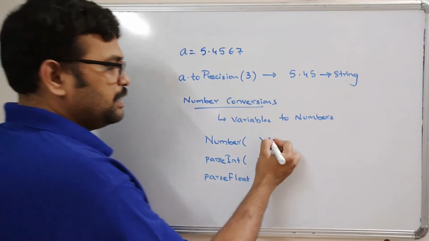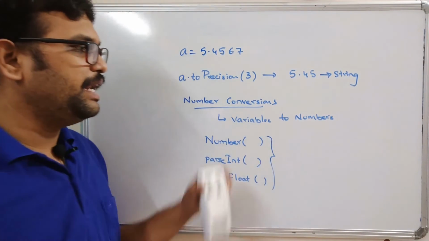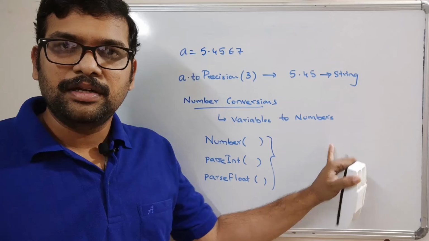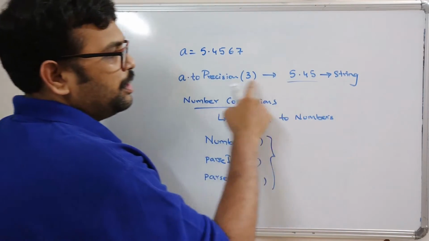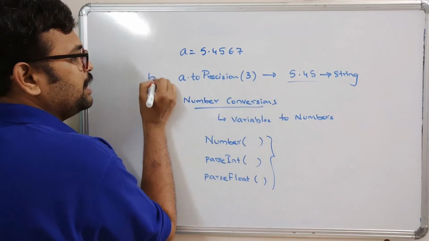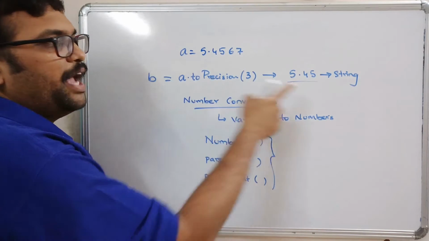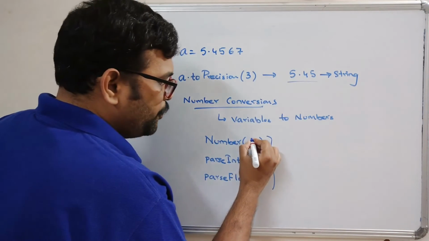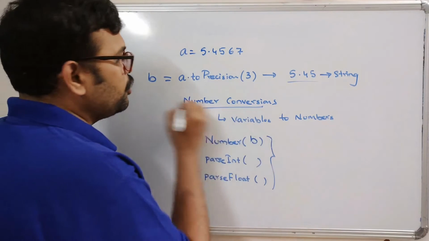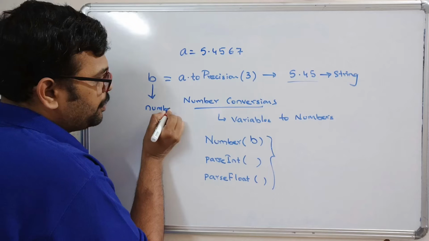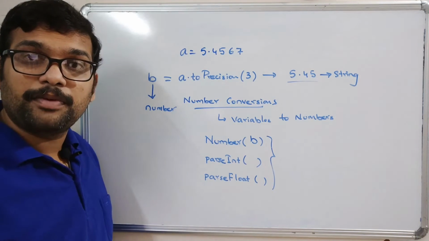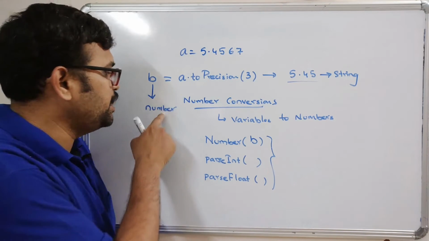These functions will convert the variables to numbers. So for example, you take this one, and if you initialize it to another variable, b will have 5.45. If you pass this b here, automatically the data type of b will be number. The data type of variable b will be changed to number.